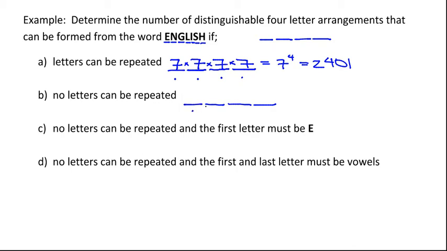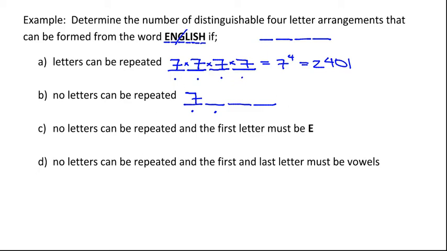For the first letter, nothing has been chosen yet. So for this first letter, I still have 7 possible options. It can be any of the letters in the word English. However, for the second letter, I'm now choosing from one less letter. So let's say that I arbitrarily ended up choosing G for the first letter.